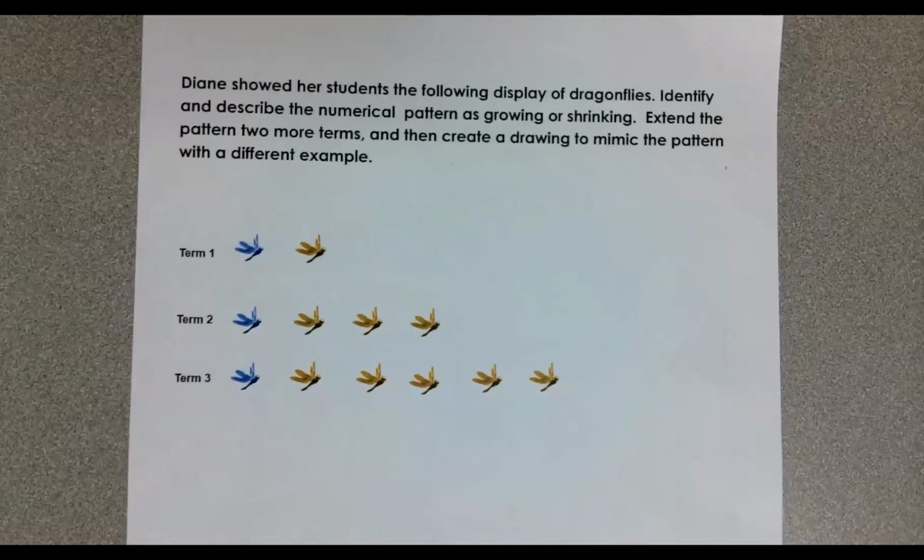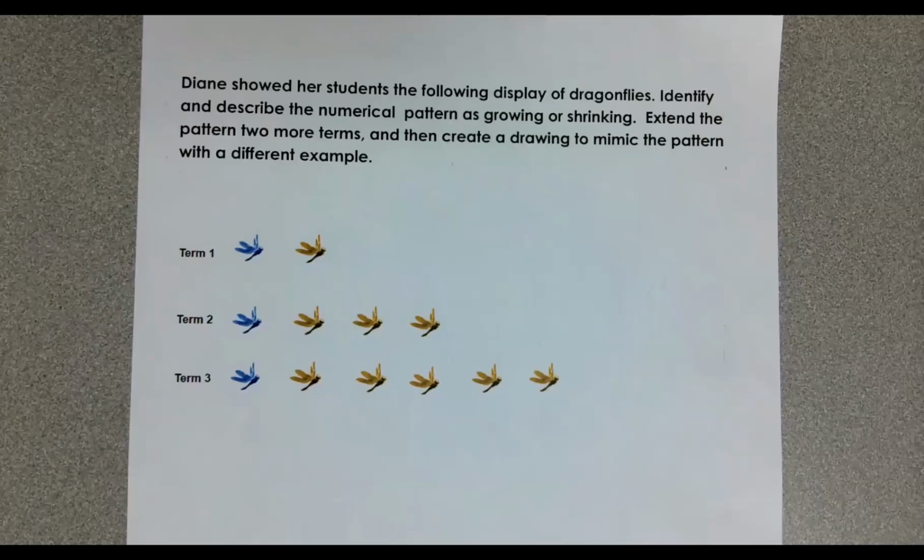Now, let's look briefly at part of a lesson from the suggested pacing. Diane showed her students the following display of dragonflies. Identify and describe the numerical pattern as growing or shrinking. Extend the pattern 2 more terms and then create a drawing to mimic the pattern with a different example.